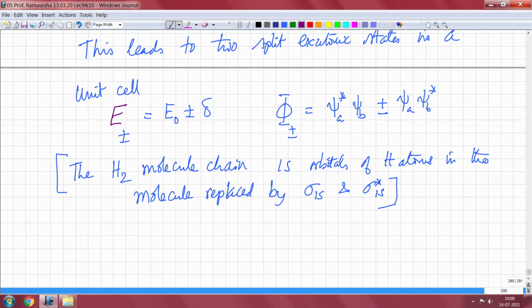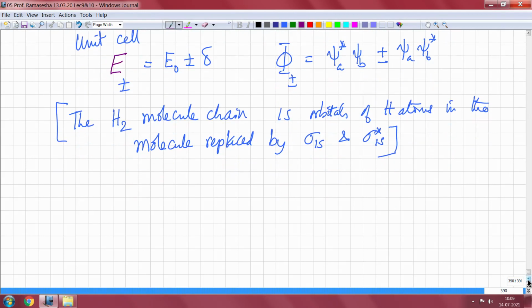And now what we need to do is see how this phi plus and phi minus are actually propagating through the crystal. In order to do that, let us look at the following.